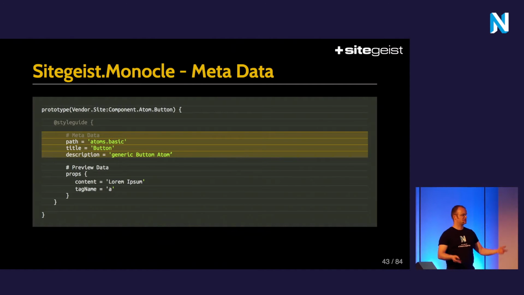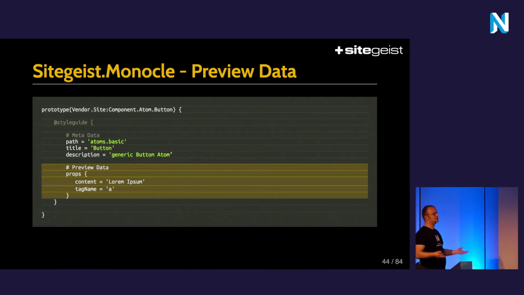All annotations are parsed by the parser, but they are simply not evaluated. But we can use them, we can read them, and we can use them to create the style guide. What we are doing here is we provide in an @styleguide annotation some metadata like a path, where this component is located in the component hierarchy, a title and a description for obvious reasons, and some preview data, which is used when the component is rendered inside the style guide.